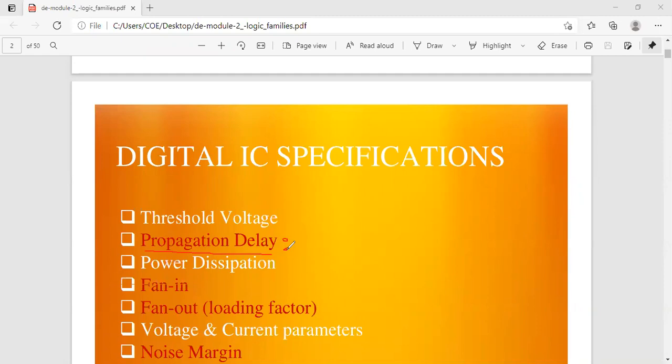A digital circuit may change its state or level from one to another, for example 0 to 1, 1 to 0, or low to high, high to low. According to that, we define propagation delay.